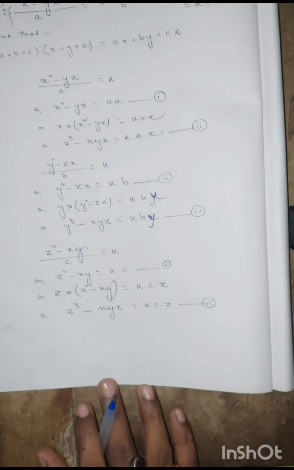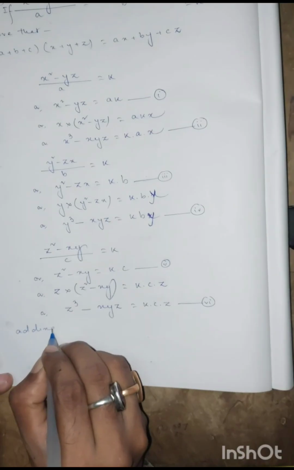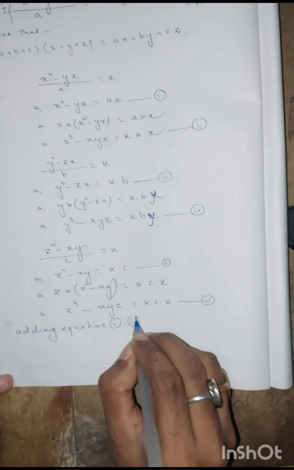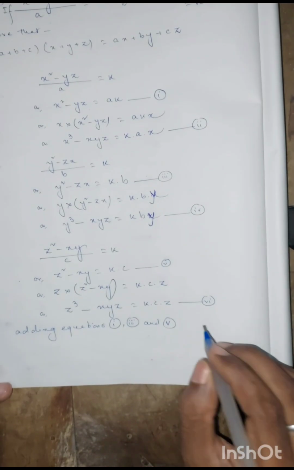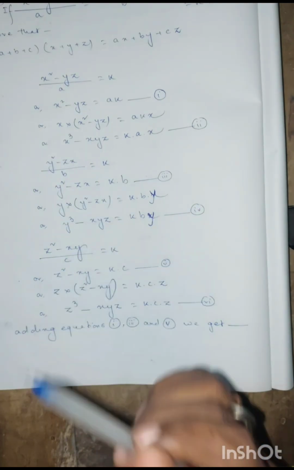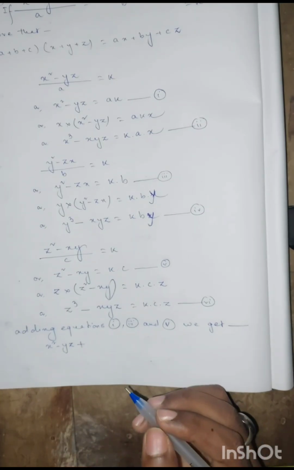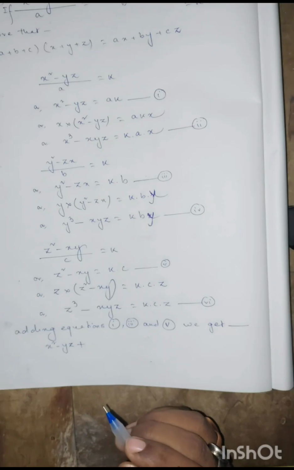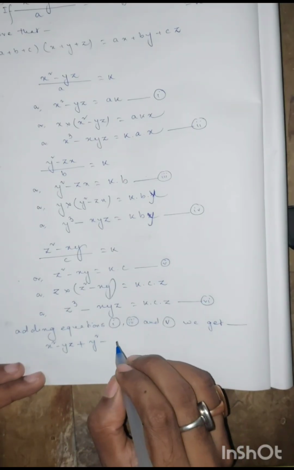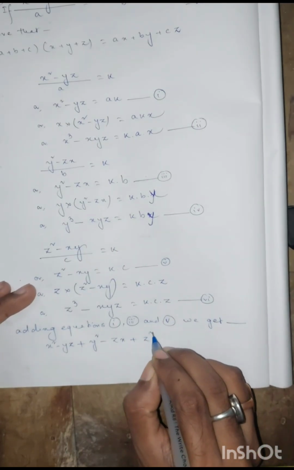Now if we add equation number 1, 3 and 5, we get, adding the left side first, x square minus yz plus y square minus zx plus z square minus xy.